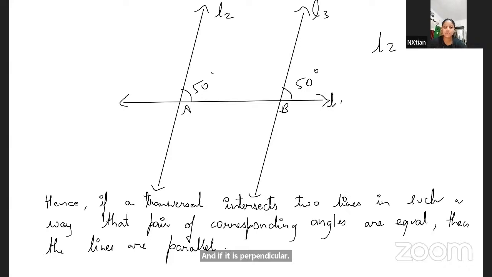If it's perpendicular to both of them, then what did you say after it? Then they are parallel, because it is creating 90-degree angles in both. Yes, Neil, that is right. Okay, that's correct. Now L2 is parallel to L3 and angle A is equal to angle.